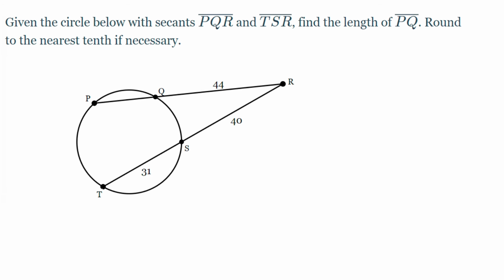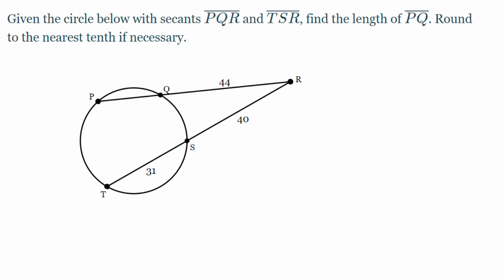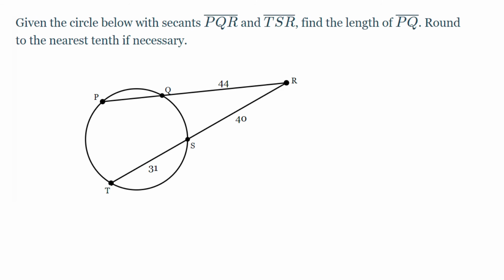Right, this example is probably going to be the formula that's most confusing, so make sure you take a look at this with us. When we're doing these, we have two secant lines that intersect outside of the circle.